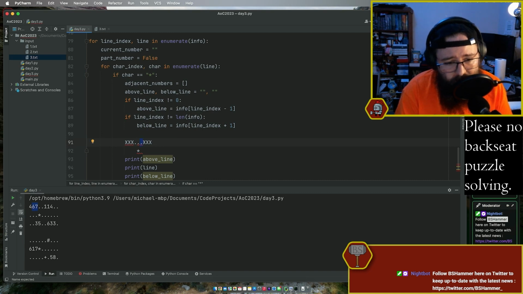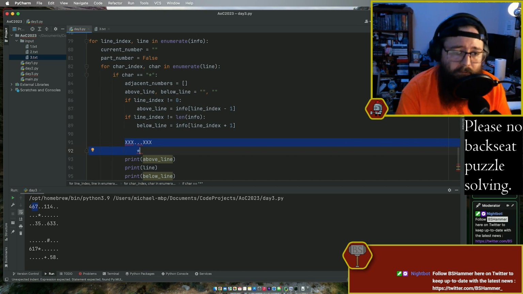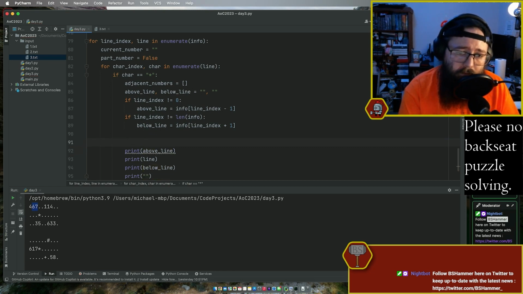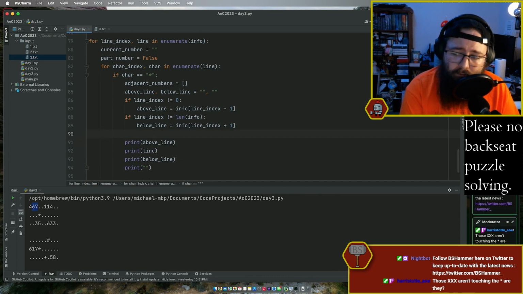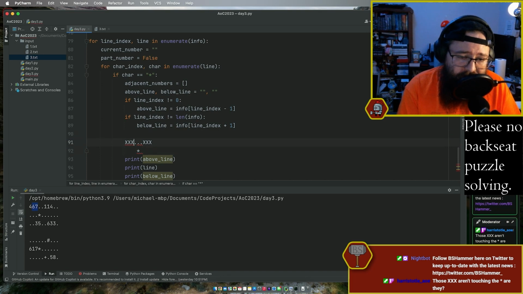If there's a number here, I need to scan right till I've completed reading the number. The problem is if all three of these are numbers, this is one big number. Well, I'm saying if there's a number here.